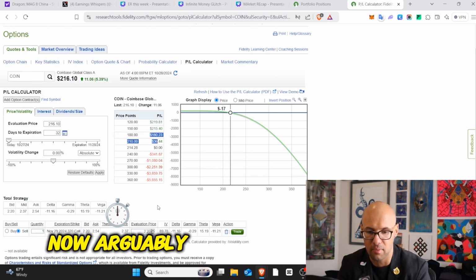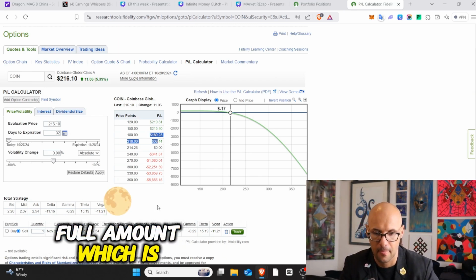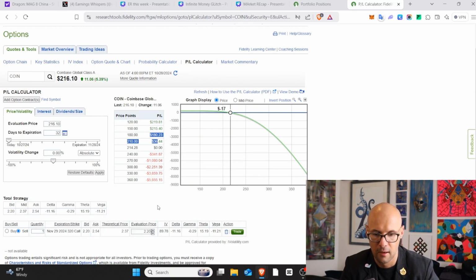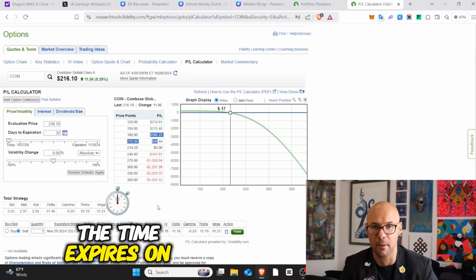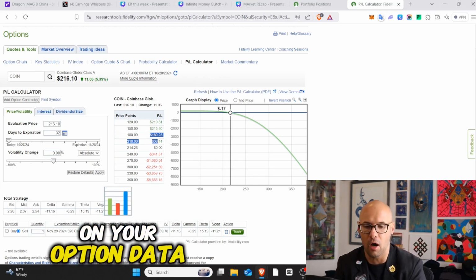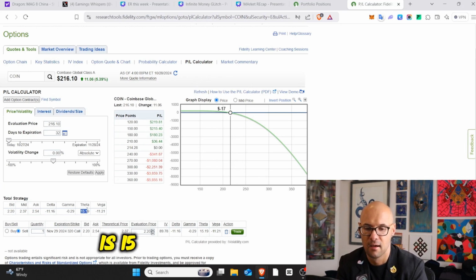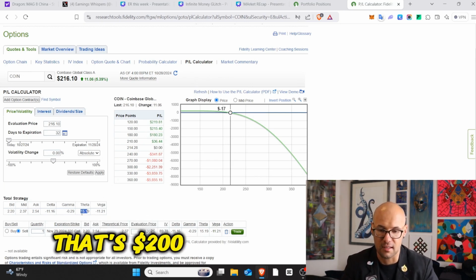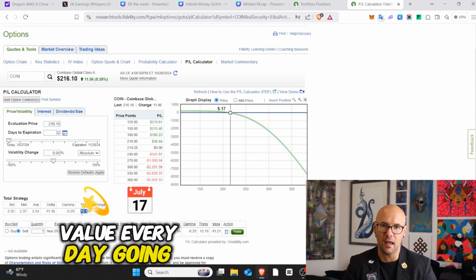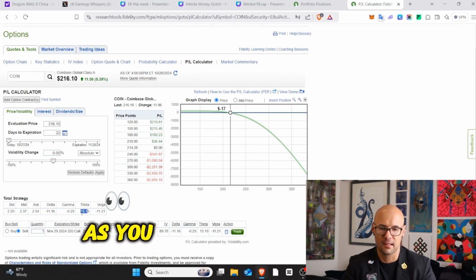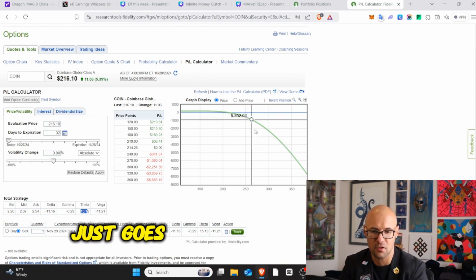Now, arguably, you will make the full amount, which is the $200 here, once the time expires on your option. Theta is 15. So the call option that's $200 basically loses $15 of value every day, going towards, as you can see, time decay, it just goes to zero.